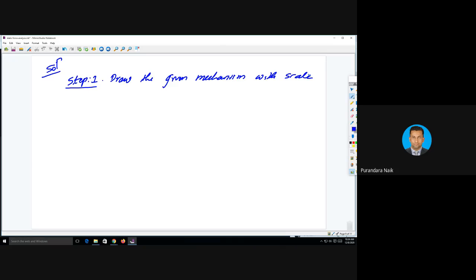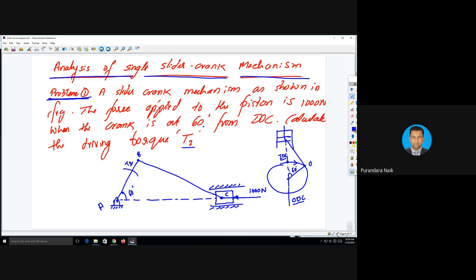Dimensions are also given here. Please copy this. AB is equal to 100 millimeter and BC is equal to 300 millimeter.